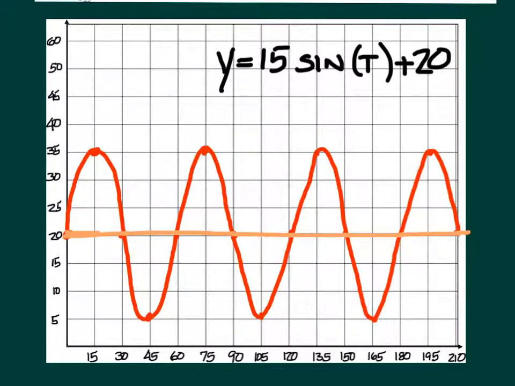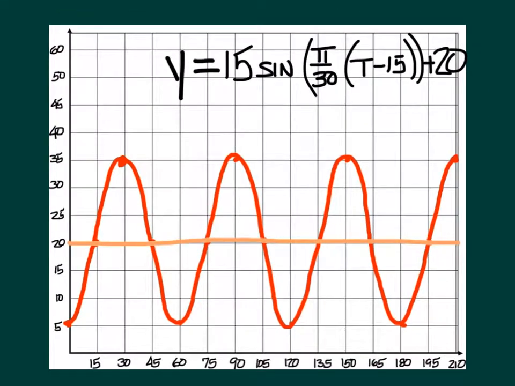So we added 40 at the end. When we add 20 at this end, it bumps all the points up 20. And it moves this midline to 20. There's your midline. There's the 20. So we're saying he's starting off at 20, which we know is not entirely accurate, but we still have to build on to this to get to the accurate function. So 15 sine t plus 20 is where we're at now.